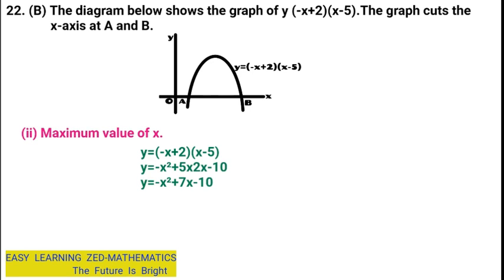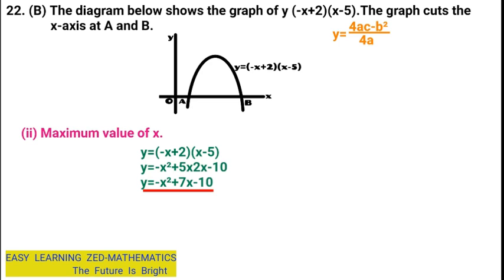Then I'm going to write the formula which can help me find the value of y, and the formula is y is equal to 4ac minus b squared over 4a. Now I'm going to get the values of the letters from the expression I just found, the one I've underlined in red.